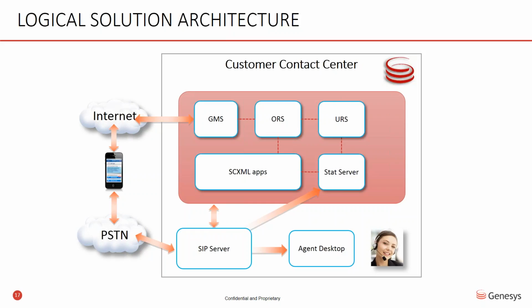Even take this a step further, the agent gets some notification that they're now being connected, like a whisper greeting, right? So the agent gets the greeting, the customer gets the greeting, and media server is doing that piece. But again, it's an optional component.